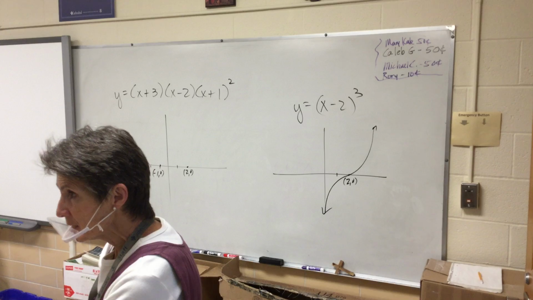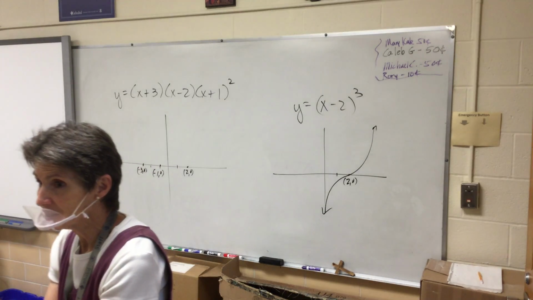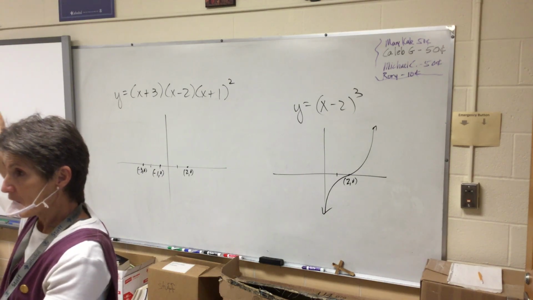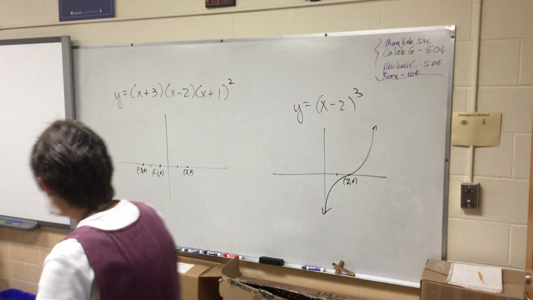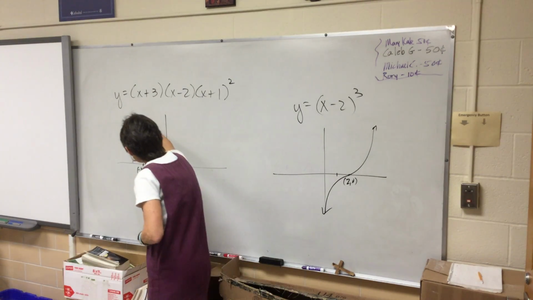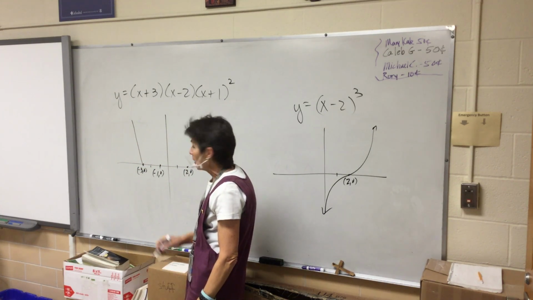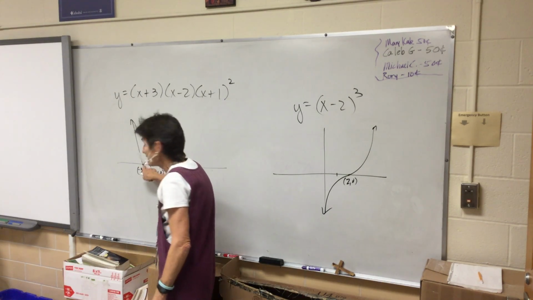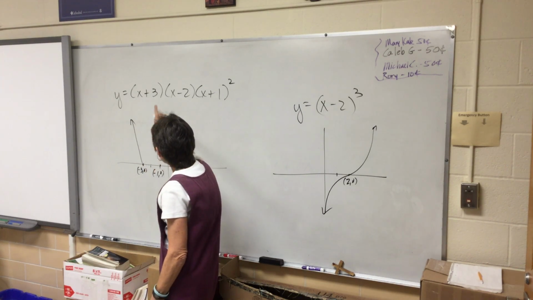That's an even number. What did we say yesterday about even degree? Starts up, ends up, right? So whatever this thing looks like, it starts up here and it comes down. Now when it gets to that x-intercept, what does it do?